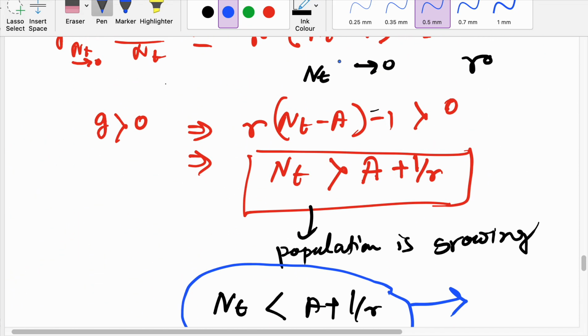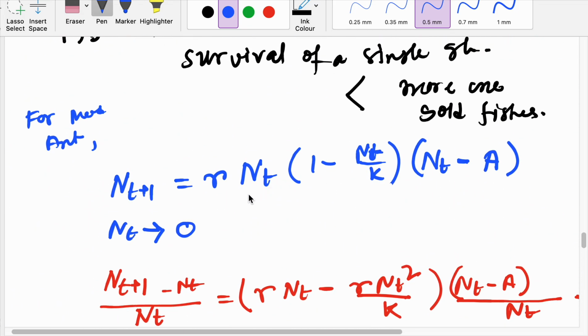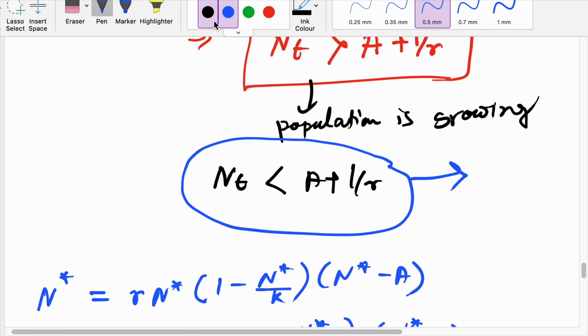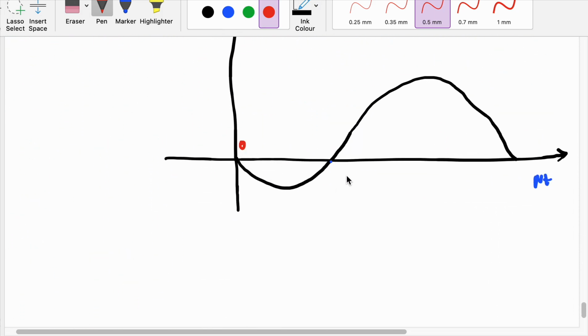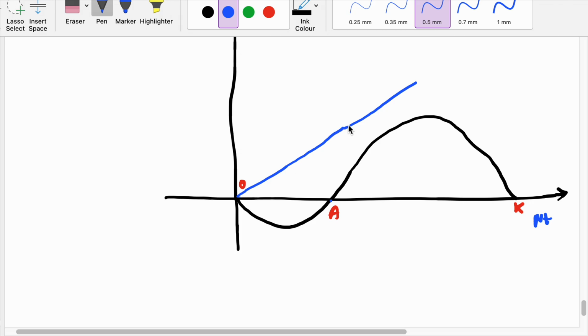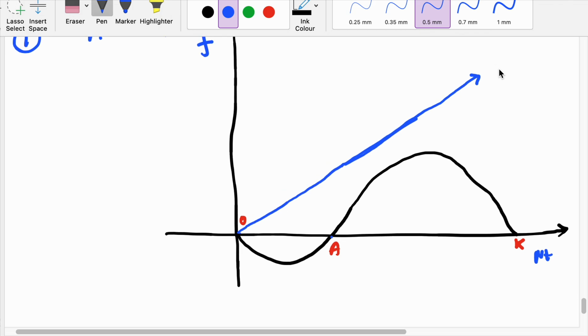So you see that our map will become 0 at nt equal to 0, nt equal to a, nt equal to k, and these fixed points are basically 0, this is a, and this is k. Now if I draw the identical line, suppose this is our identical line.